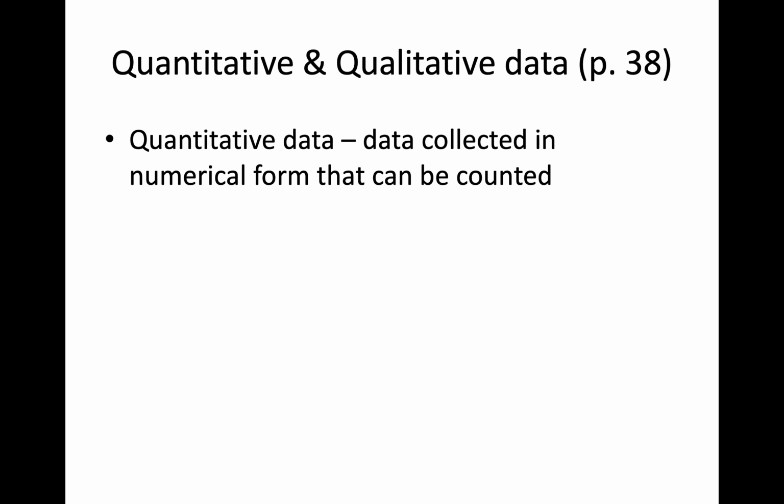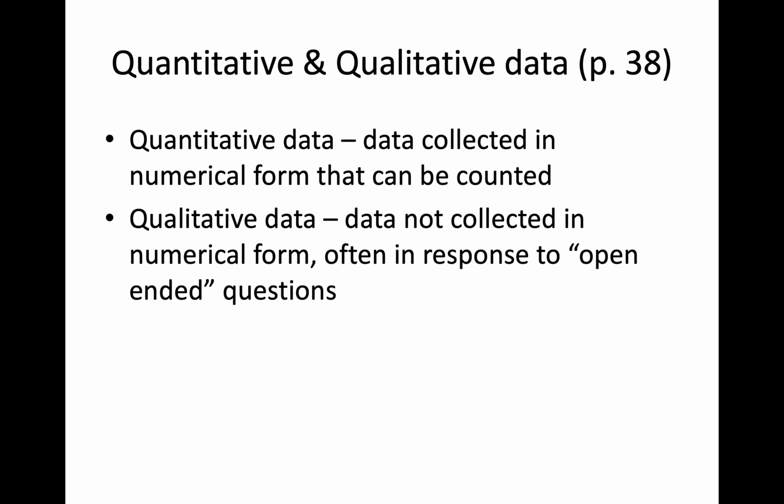That's stuff like income level, where you can count the dollars, or count the years of education. That's another example. Qualitative data is data that's not collected in numerical form. Oftentimes, qualitative data is given in response to open-ended questions on a survey.